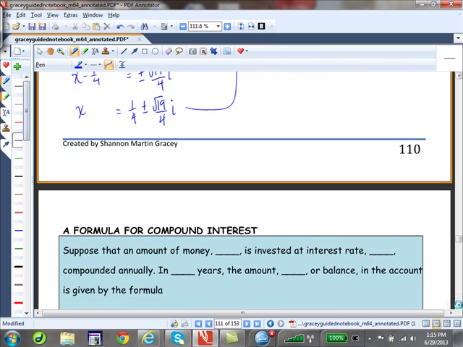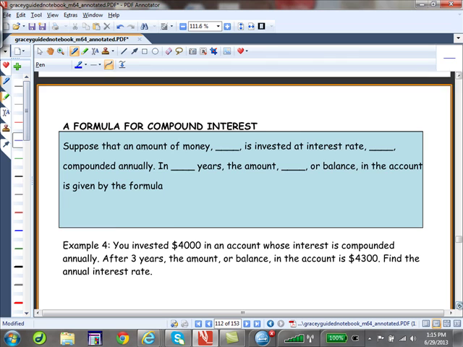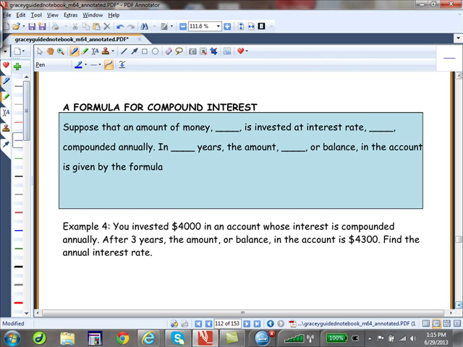All right, so here we go. This one is leading into some application problems. So, formula for compound interest. Suppose that an amount of money, P for principal, is invested at an interest rate R, compounded annually, which means once a year, which is kind of unrealistic.